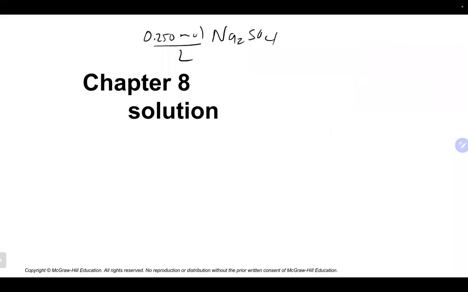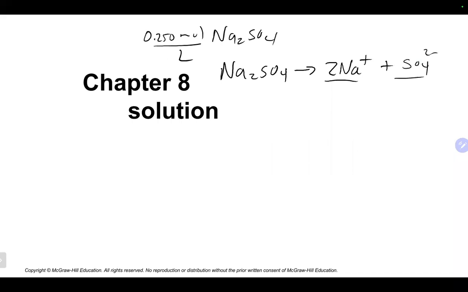Now, when we have sodium sulfate in a solution, it is not going to stay together, right? It is going to break apart into the 2 ions that make it up, 2 sodiums and 1 sulfate, and in solution we would have 100% of these floating around.